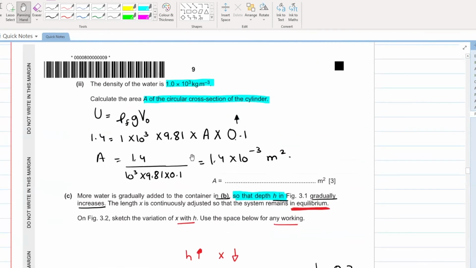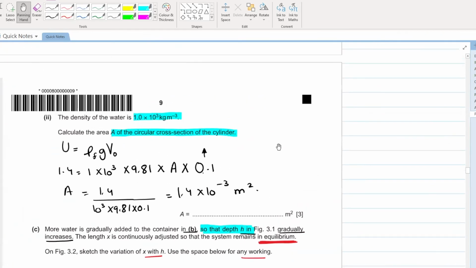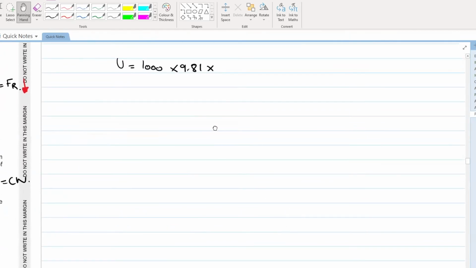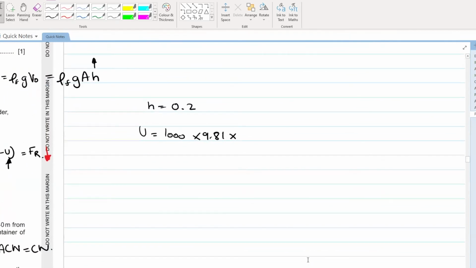Area was 1.4 into 10 raised to the power of minus 3, multiplied by 0.2. Can anyone in the chat calculate the upthrust here?